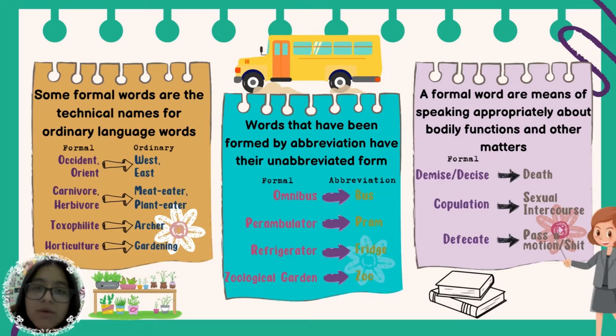And finally, a formal word may be a means of speaking appropriately about bodily functions and other matters that are not normally mentioned in public. The formal word helps because it has a distancing and euphemistic effect, such as demise or decease for death, copulation for sexual intercourse, defecate for pass a motion or shit.